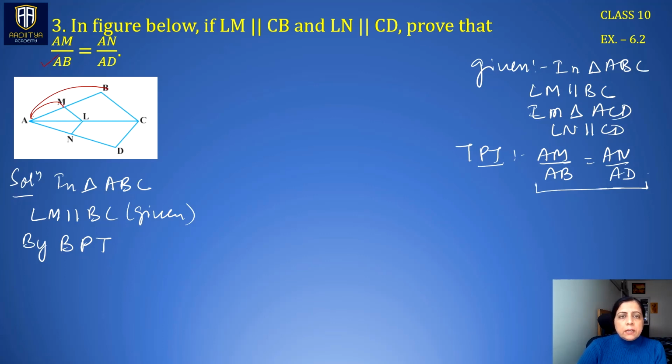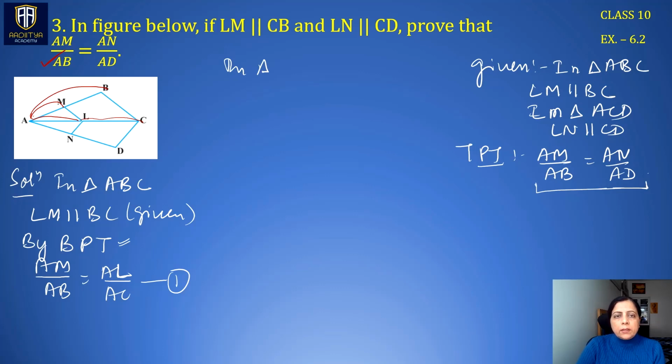Don't always take AM upon MB. If the ratio is taken this way, you have to follow the same pattern for all the things. So now AM upon AB is equal to AL upon AC, right? Let this be your first equation. The reason behind this is the basic proportionality theorem.